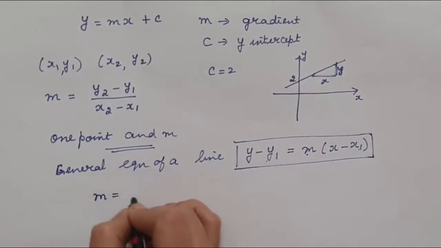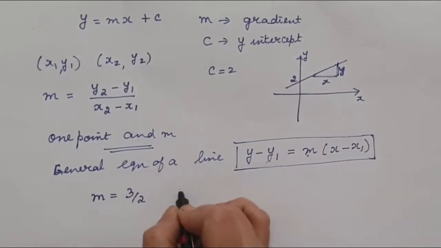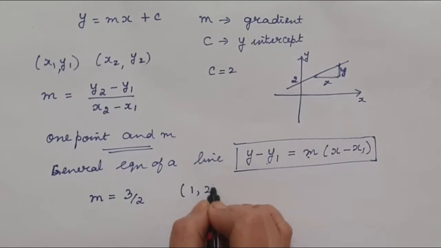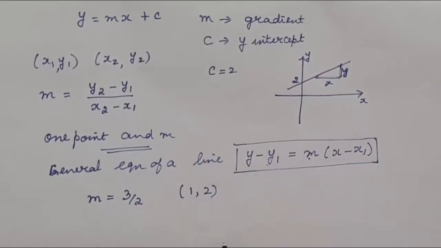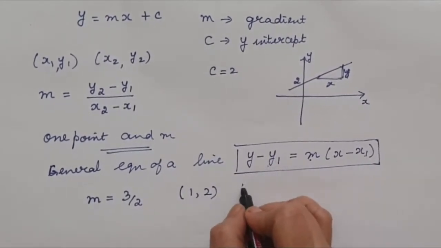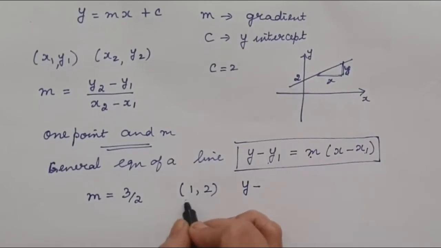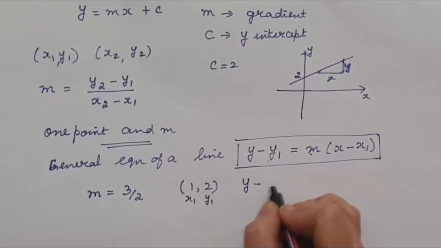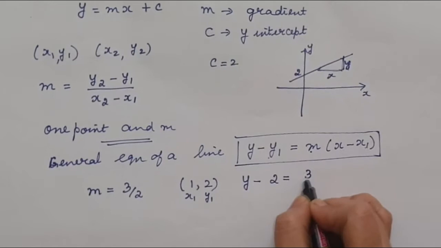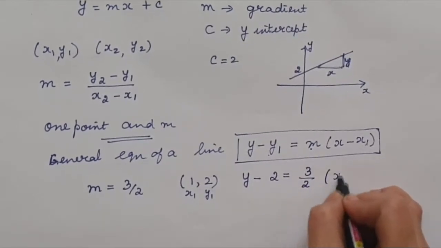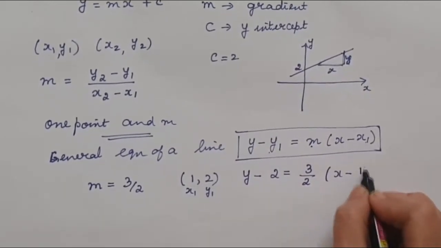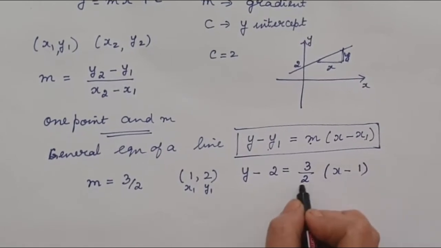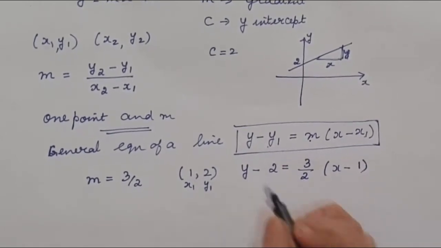Suppose our gradient is 3 over 2 and we are given the point 1, 2. Now in order to use this formula, we just substitute. y minus, this is x1 and y1. So y minus 2 will be equal to m, which is 3 over 2, into x minus x1, which is 1. Since it's a fraction, we cross multiply this 2 to this side.